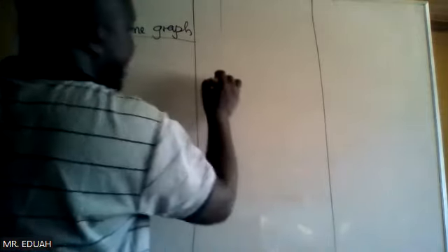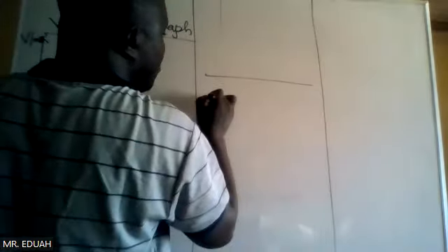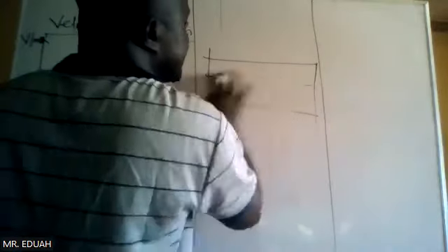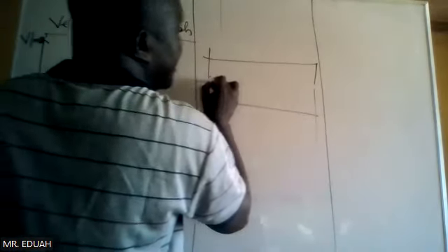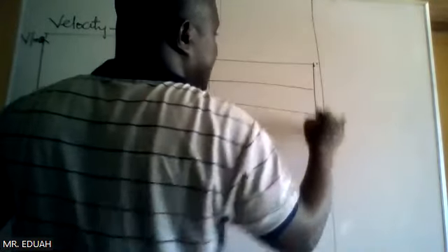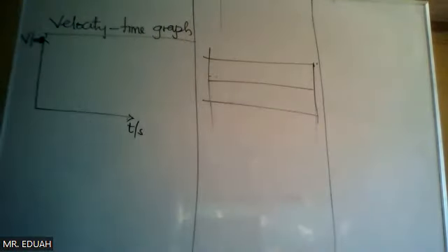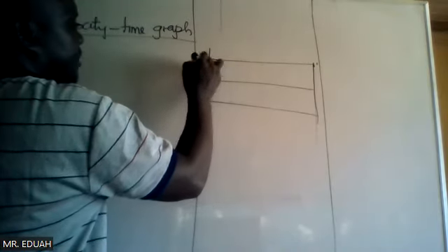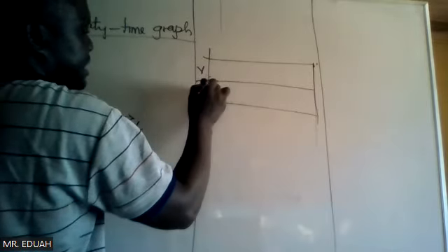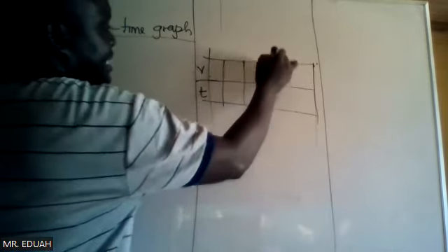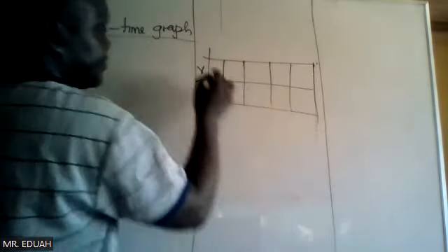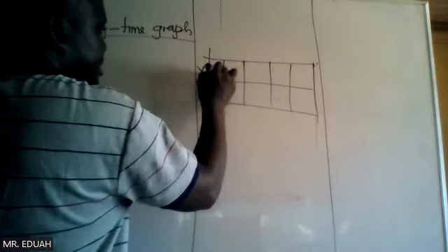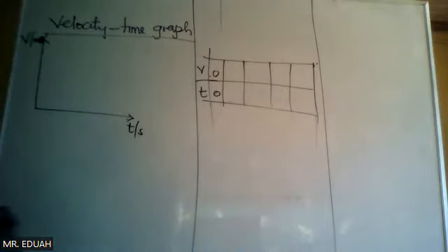Now, if we happen to have a moving body whose velocity increases at equal intervals with equal time, just as we saw. So here we are talking about velocity against time. Now the data we have is such that at time t equal to 0, there is no motion, so v is 0.